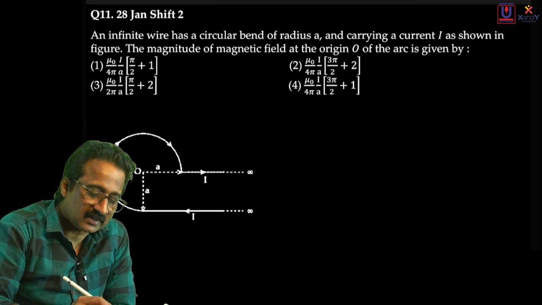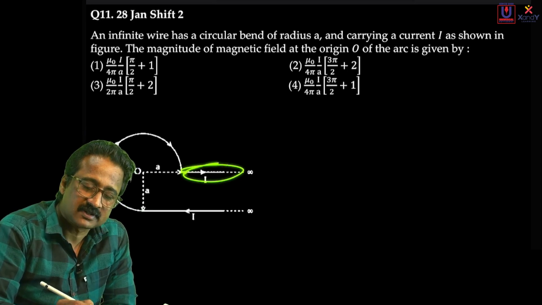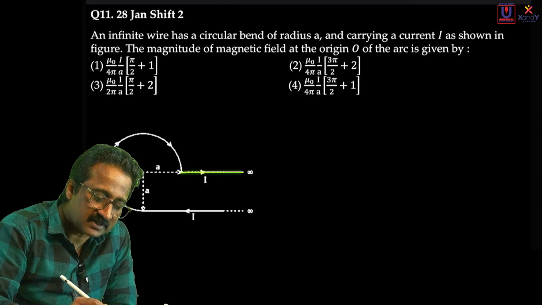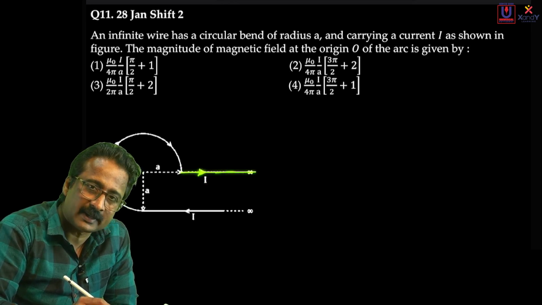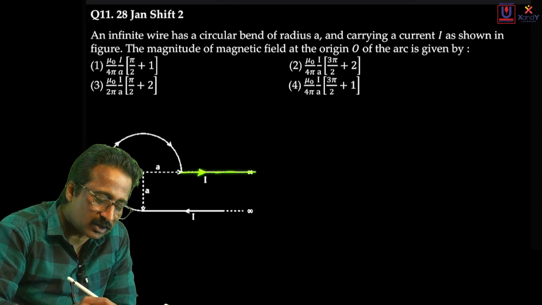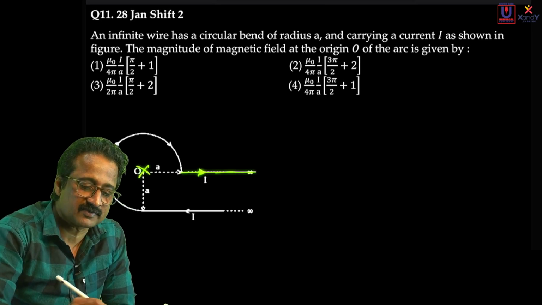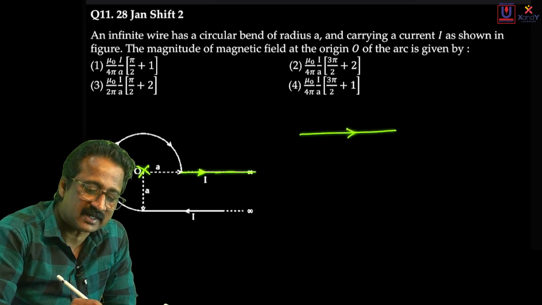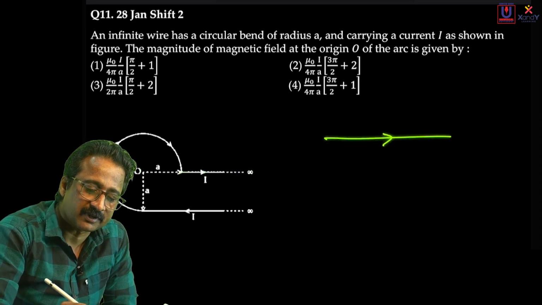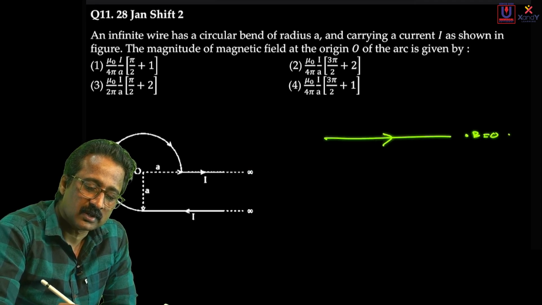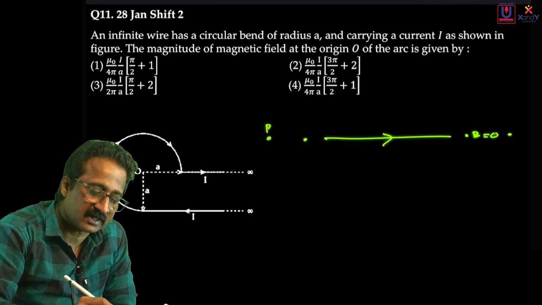Now finally, this part, I am highlighting this part. This is the part carrying a current of I. That current will not produce any magnetic field here, because when you have a straight wire carrying a current I, it will not produce any magnetic field at points along its line. At all these points B is equal to 0.